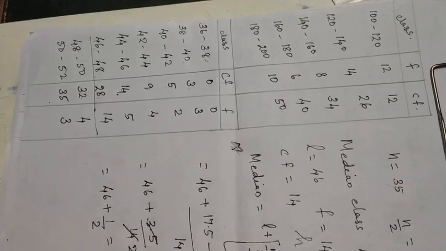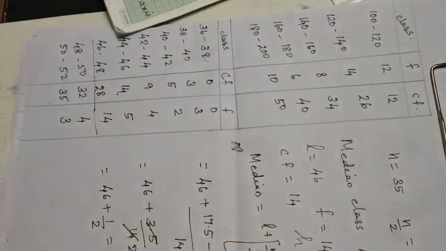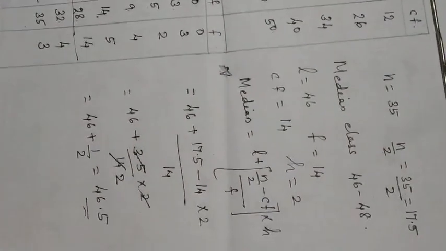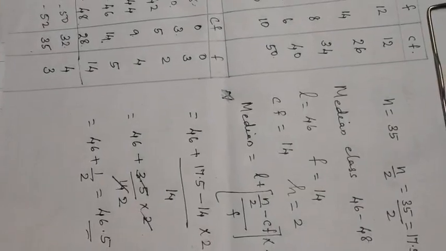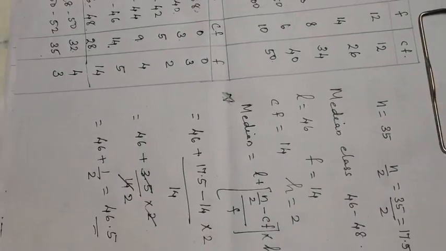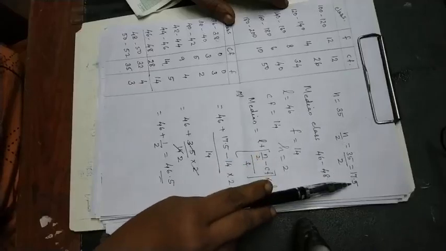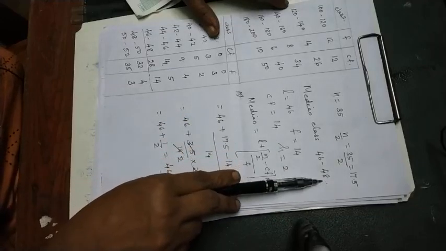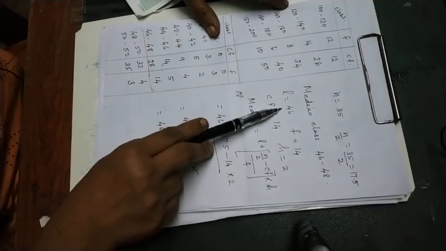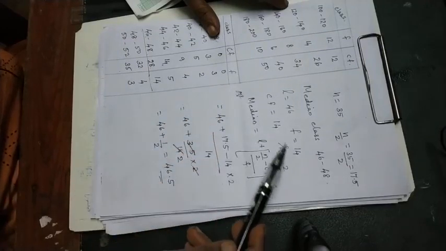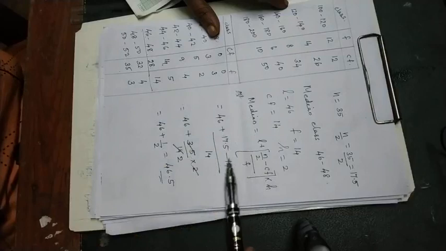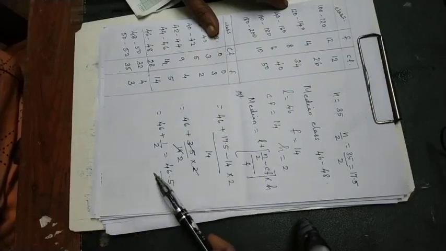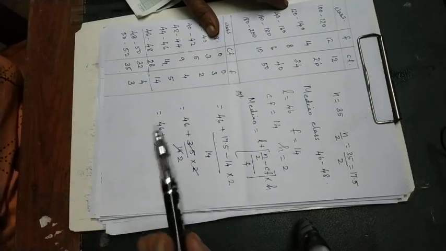Okay, now let us draw that ogive, then find out whether we are getting 46.5 or not. So n is 35, n by 2 is 17.5, median class will be 46 to 48, L is equal to 46, then f is 14, CF is 14, h is 2, then put it in the equation, we got that one, 46.5.